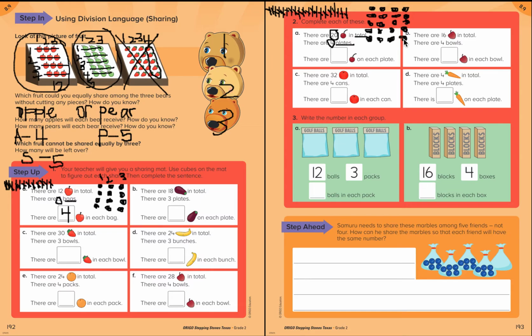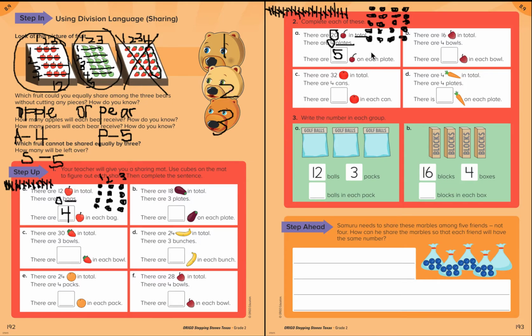So now, just like I did earlier, I counted my 4 rows, my 4 columns. 1, 2, 3, 4. Now I'm going to see how many I have in each row. So I have 4 columns and I have 1, 2, 3, 4, 5. So I have 5 cherries on 4 plates each.